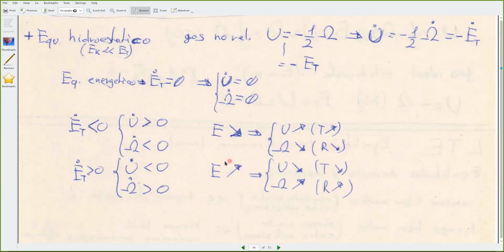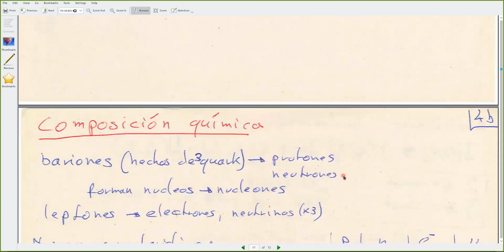And the opposite: if the energy increases, let's say initially the energy is negative, so moving more towards zero, then the internal energy drops, the temperature drops, and the radius increases, so there is an expansion.